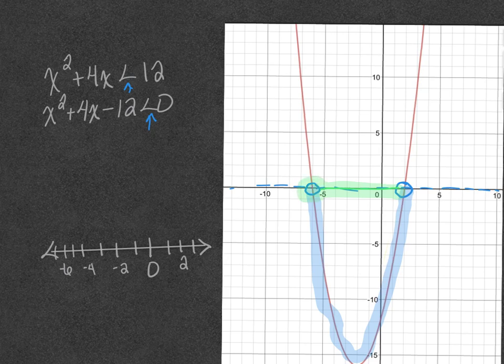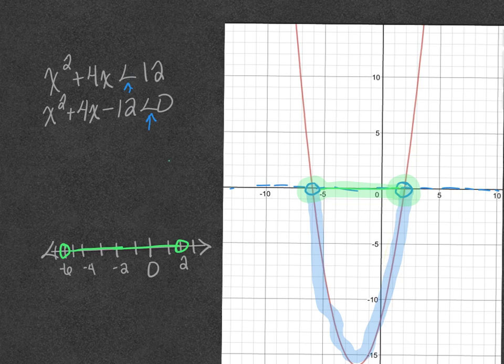So our answer starts at -6 and goes all the way to +2, which is right here. Our answer goes from -6 to +2, and we are going to have open circles at both of those because it's less than.